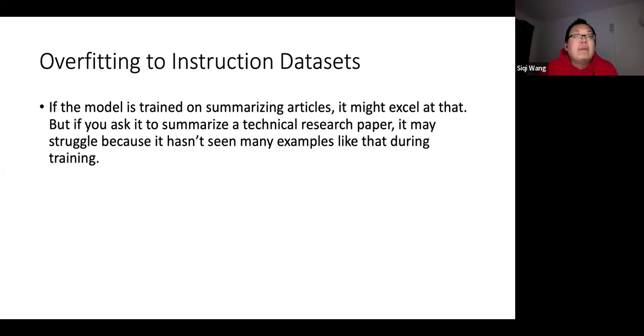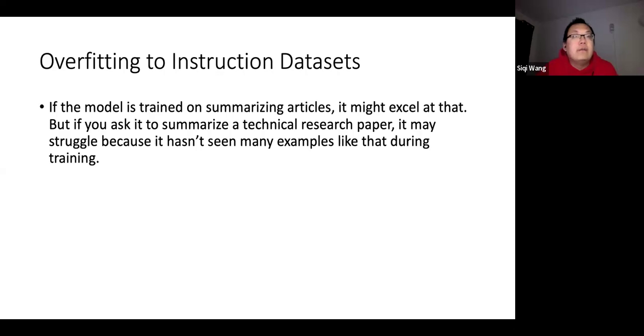One of the biggest limitations is that models trained with instruction tuning tend to overfit to the tasks they have seen during training. It means that the model gets really good at specific tasks in the instruction dataset, but struggles when you ask it to do something slightly different.